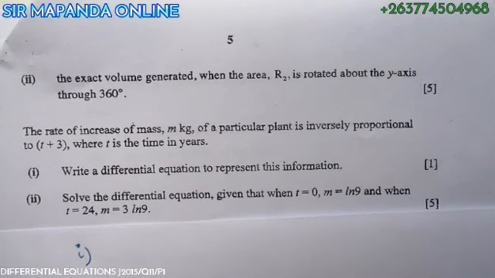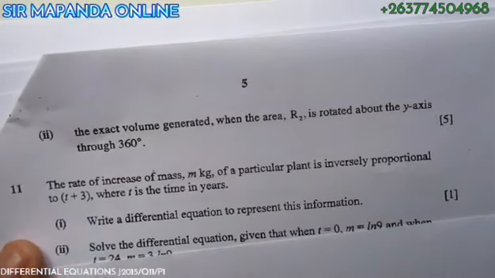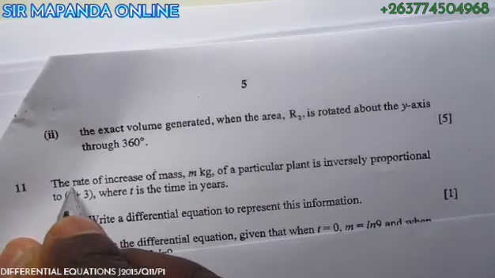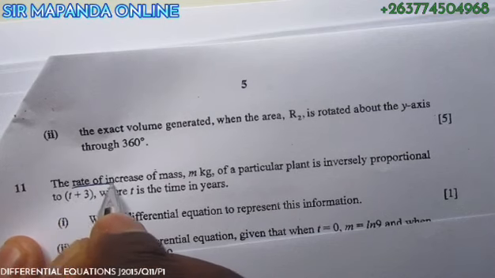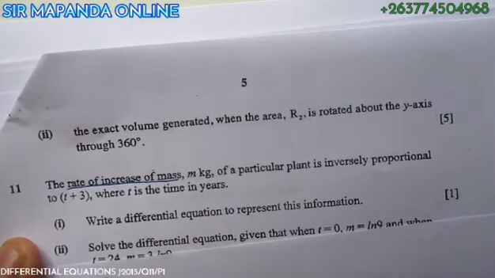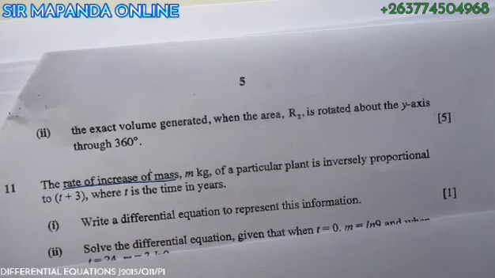1 mark. Right, so to write a differential equation, you start with the differential coefficient. The differential coefficient is going to be extracted from the rate of increase of mass. If you hear increase, it means your differential coefficient is positive.